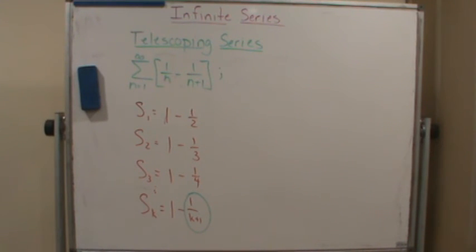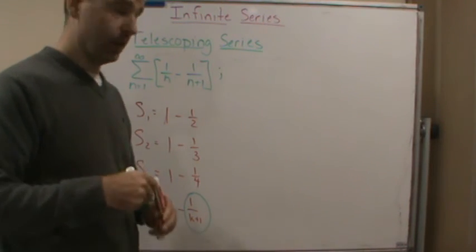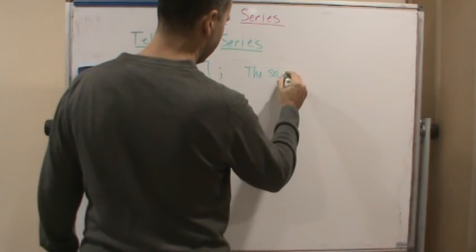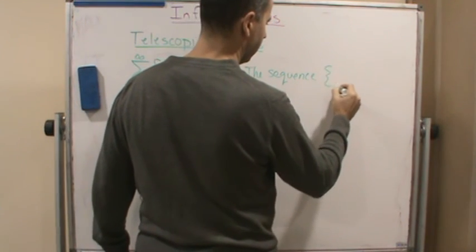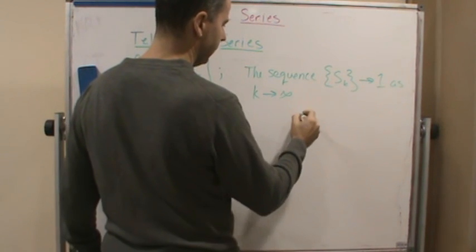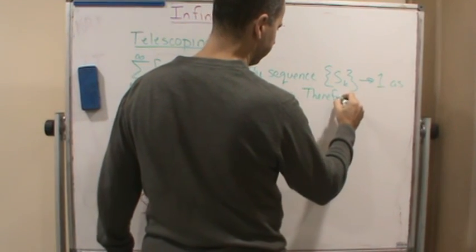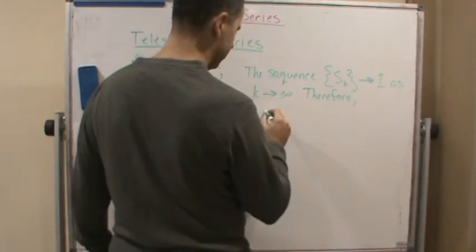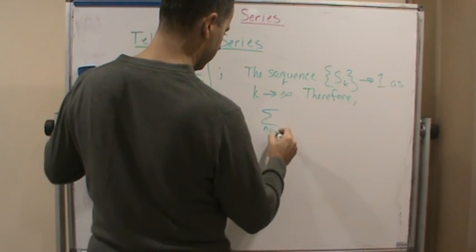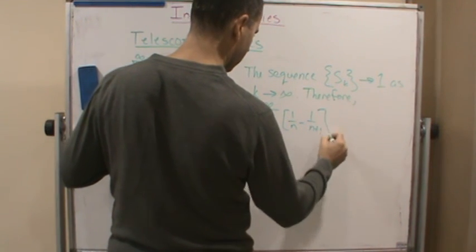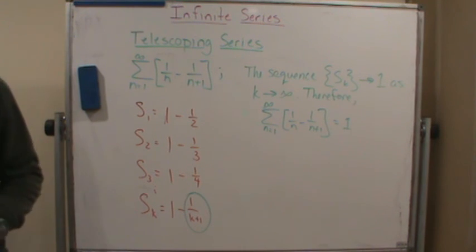It means that the sequence of partial sums converges to 1 as k approaches infinity, and therefore the series, n equals 1 to infinity, also converges to 1, which we found out before. And that's it.